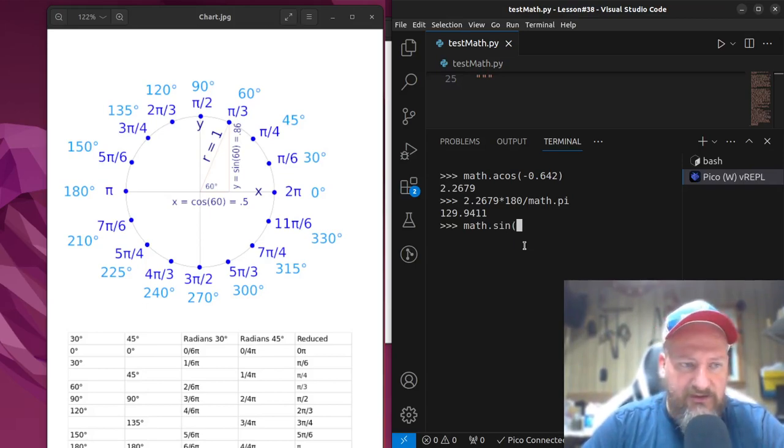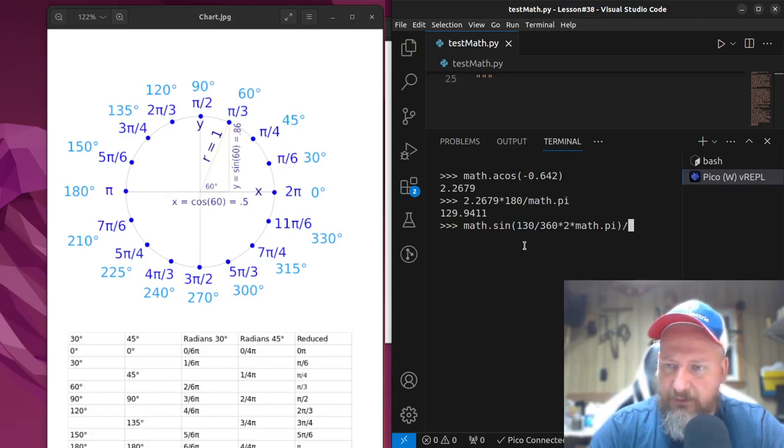And so we're going to say 130 divided by 360, once again figuring out our radiant, times math.pi. That's our y, and then we need to divide that by math.cosine, because this is our x.